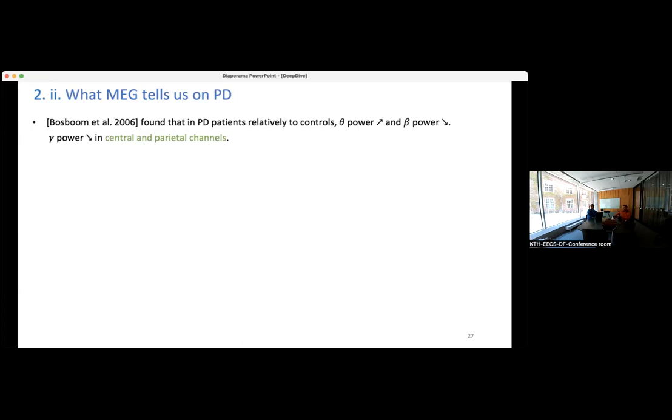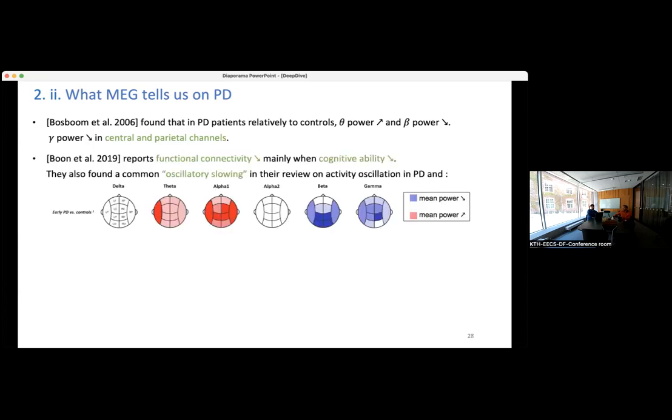Theta is around 4 to 8 hertz, and we see that theta is increasing in some central channels, and beta, which is from 13 to 30 hertz, is decreasing. This is the kind of result we can have with this analysis, and this is the projection on the channel side, so not on the source side.